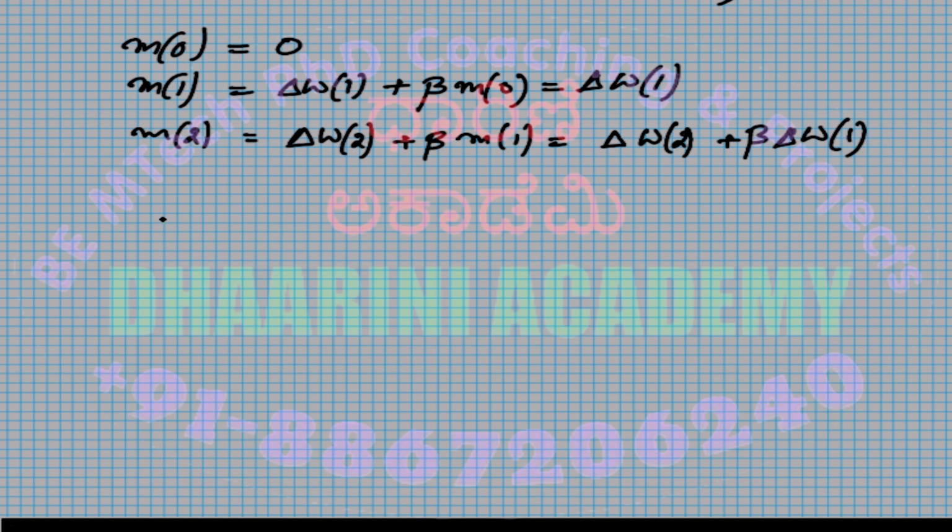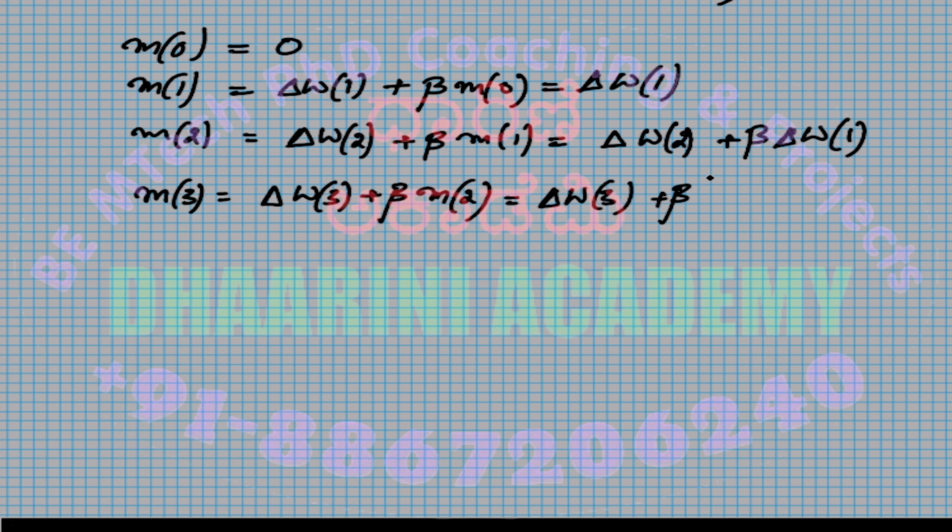Let me write the next one, that is m of 3. According to the equation, this has to be delta w of 3 plus a beta value multiplied by the past value m of 2. So let me substitute. That is delta w3 plus beta.